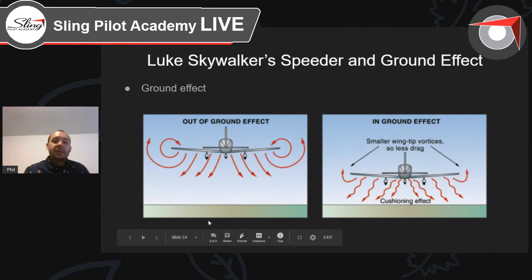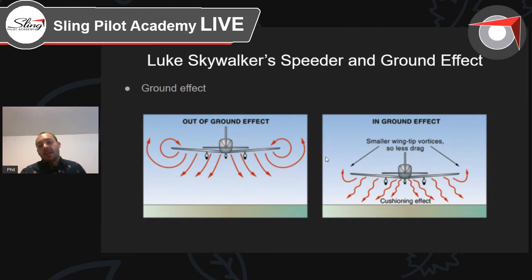Actually, really quick, just to clarify, ground effect is when we're very close to the ground. So when we're coming in and we're 10 to 15 feet above the ground, all of a sudden, what normally were these swirling patterns of air that escape the wing as it produces lift, the counter-rotating, swirling air vortices off of the wingtips, the ground obstructs those vortices and doesn't allow the induced drag to have a hold on the aircraft as it once did, now that the ground is breaking up those patterns.